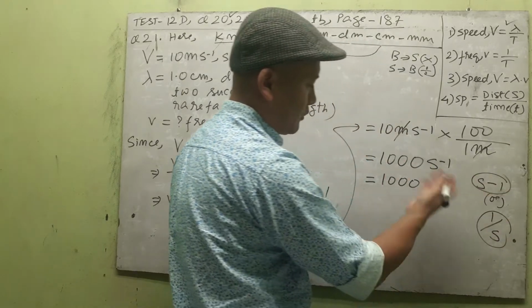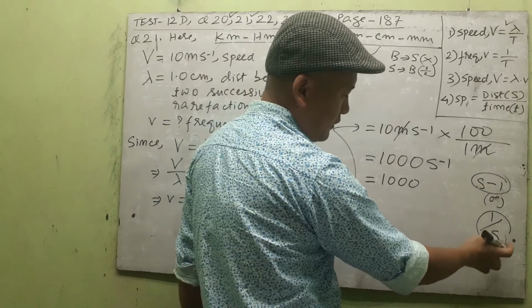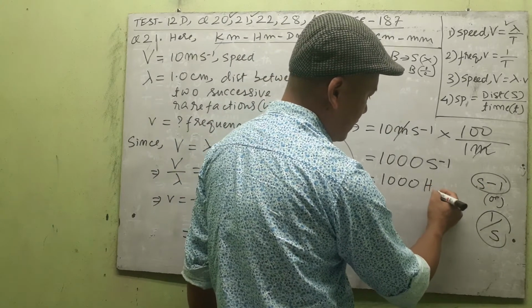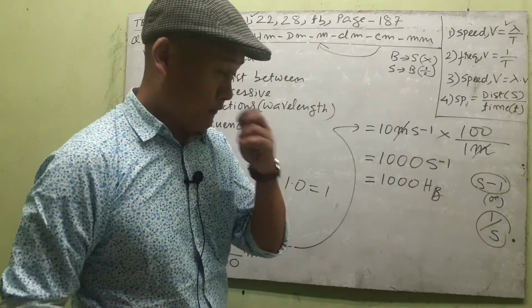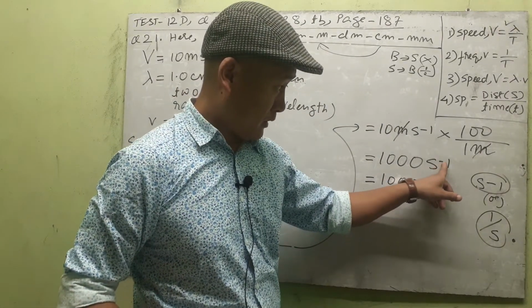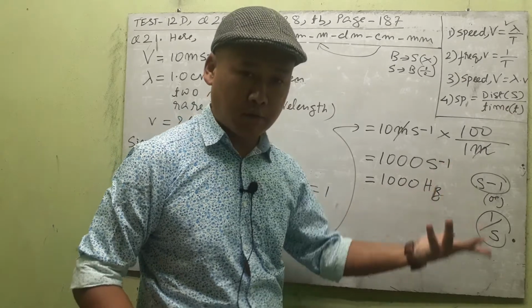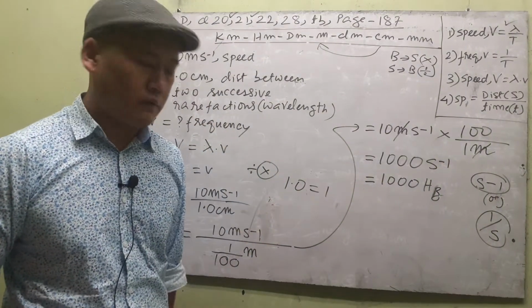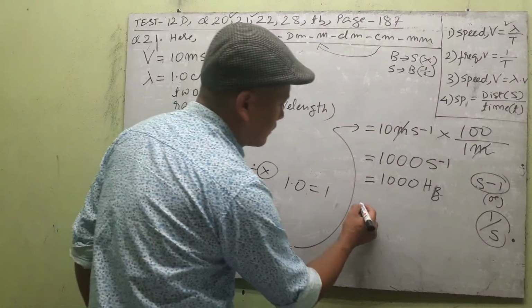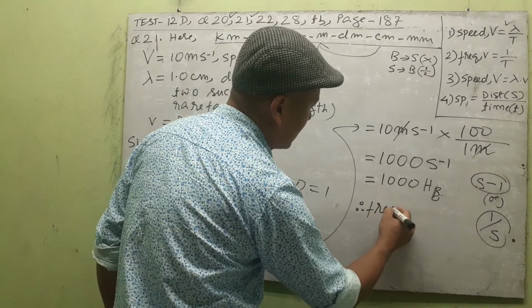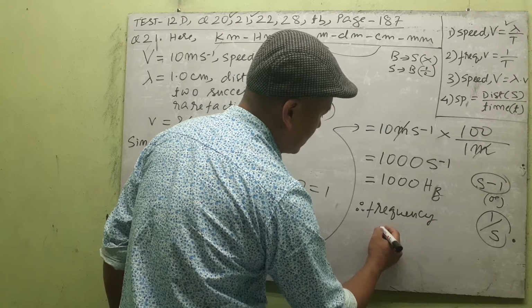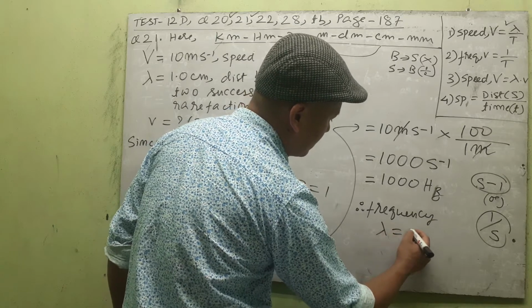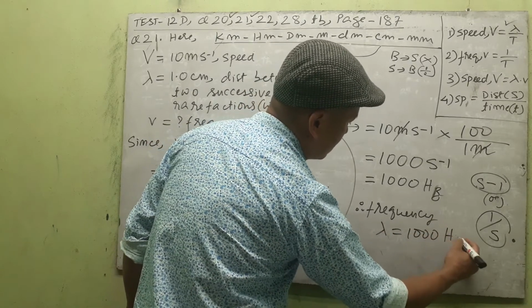This is the unit of frequency, hertz. Per second like this or per second to the power minus 1 is called hertz, short form Hz, the SI unit of frequency. So therefore the frequency that we need to find out here, small v, is equal to 1000 hertz.